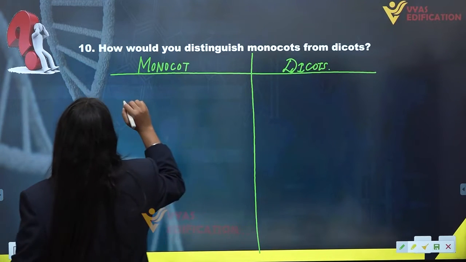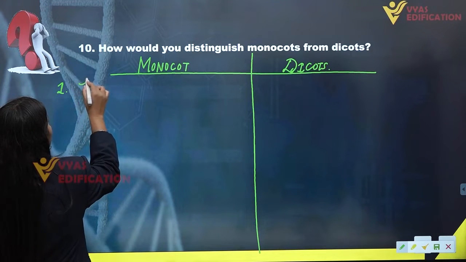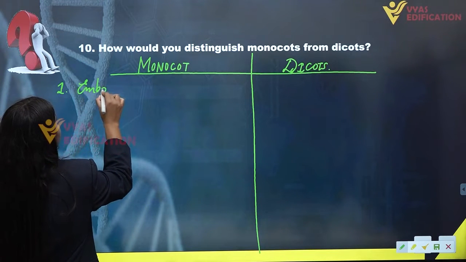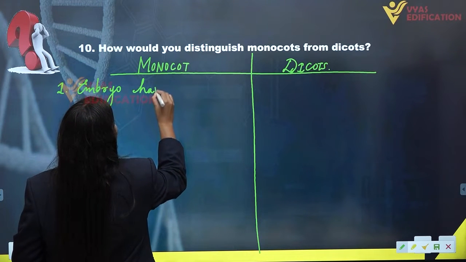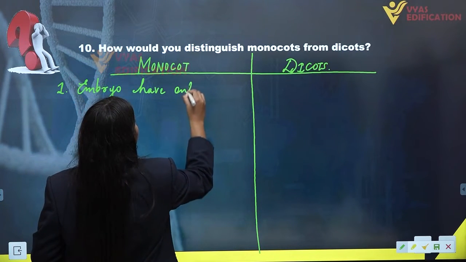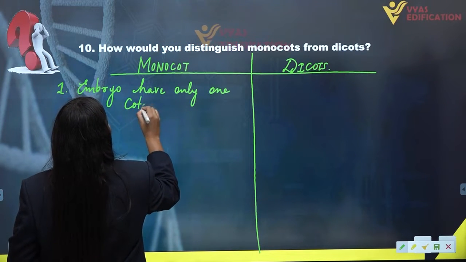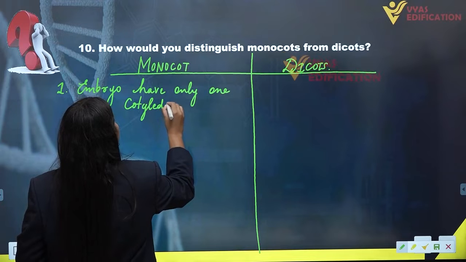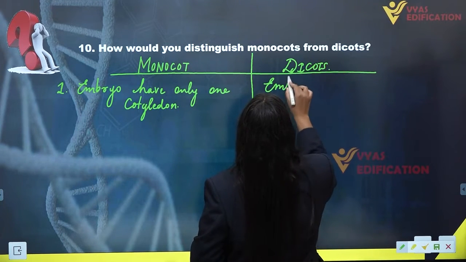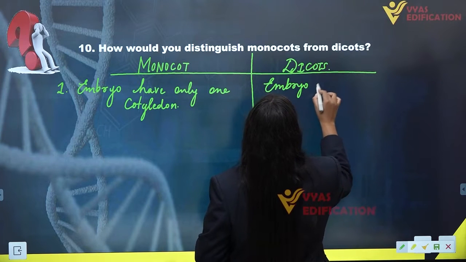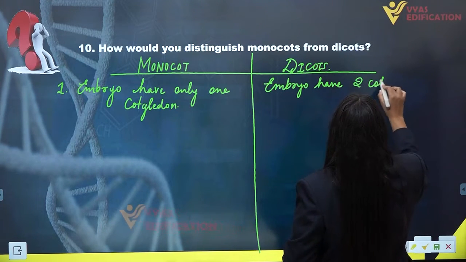So let's write the very first thing: these are monocots because the embryo has only one cotyledon, and in case of dicots, the embryo has two cotyledons.